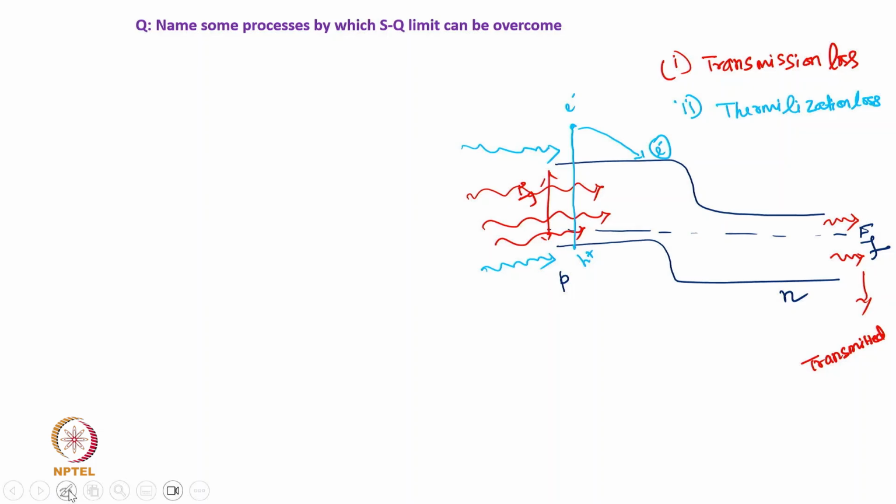And the photons whose energy is the same as the band gap energy of the solar cell material generate an electron-hole pair, known as photo-generated charge carriers, and they are useful.